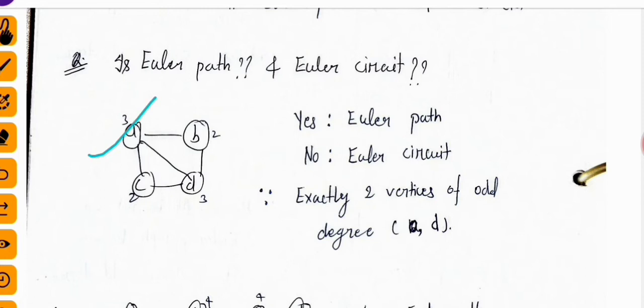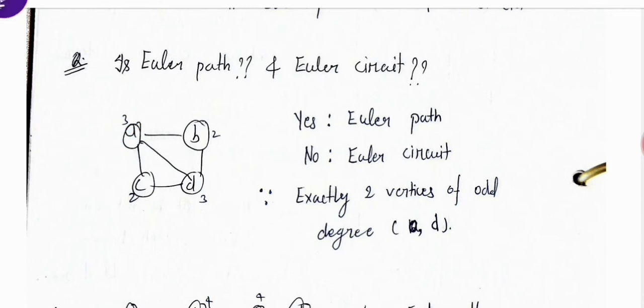So we say that it contains an Euler path, but on the other hand it does not contain an Euler circuit, according to your most important point. So exactly two vertices are of odd degree, that is your A and D. So it is an Euler path but it is not your Euler circuit.